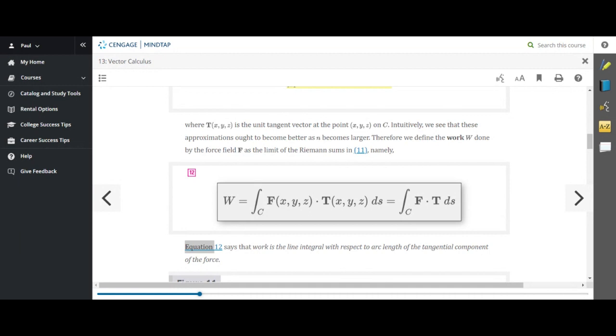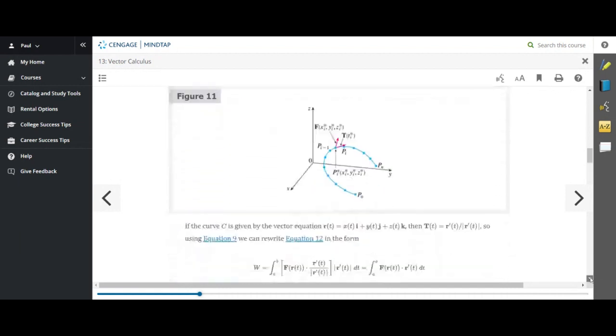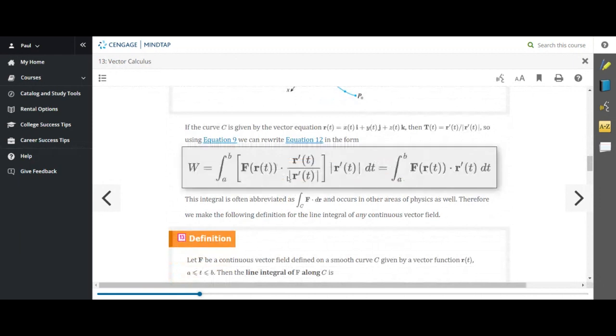Since our variable's t now, we can replace the vector field f with respect to x, y, and z with r of t. And then the tangent vector is just r prime of t over the length of r prime of t. And then ds is equal to the length of r prime of t dt. And therefore, you get this integral: the integral from a to b of the vector field f evaluated at r of t dotted with r prime of t dt. The r prime of t's cancel out in the first integral.